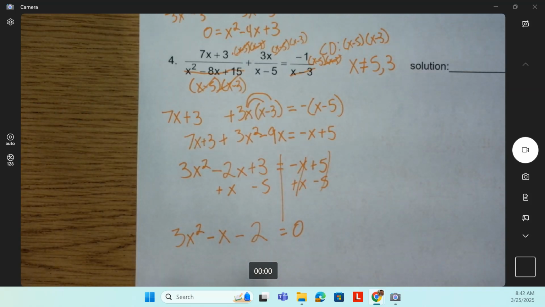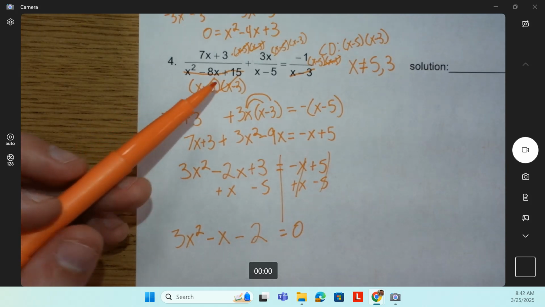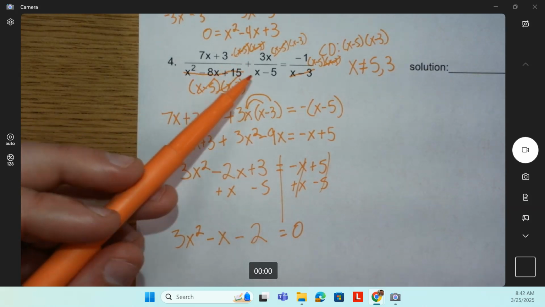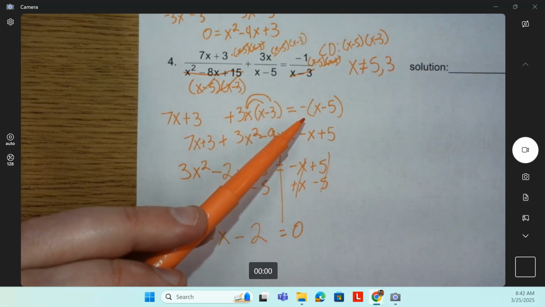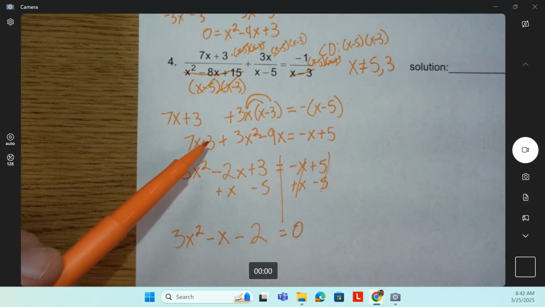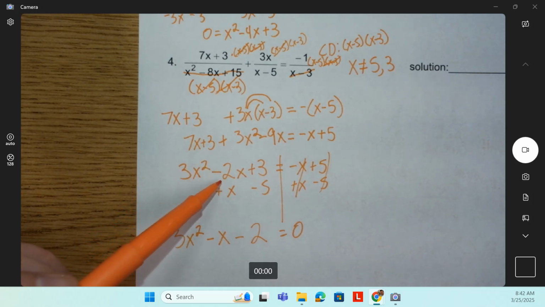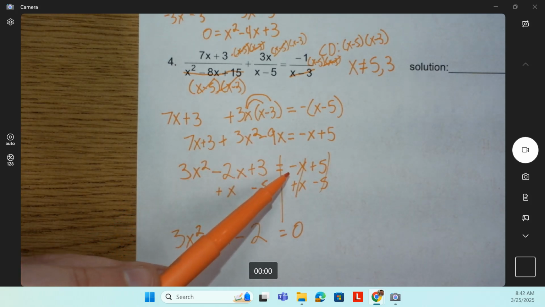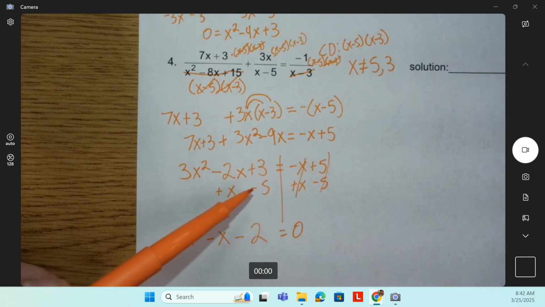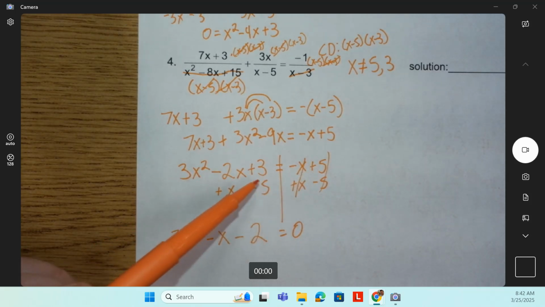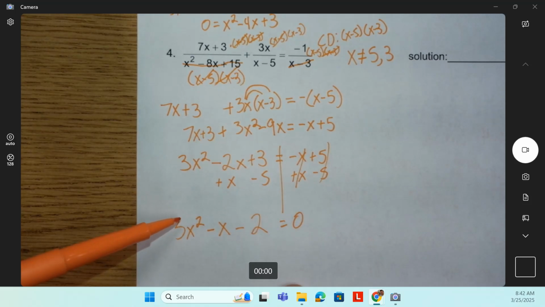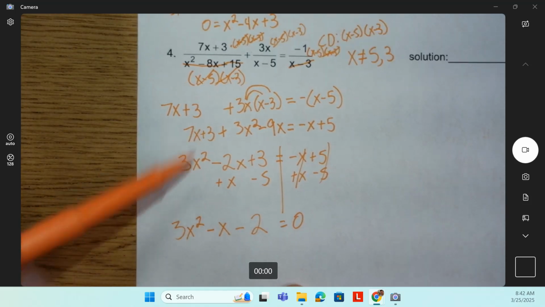Okay, so I've gotten you down to canceling out when I multiply, leaving us with these three parts. And then when I combined like terms, I ended up with 3x squared minus 2x plus 3. Then I had a negative x plus 5 on the other side. So when I add x to both sides and subtract 5, then I ended up with 3x squared minus x minus 2.